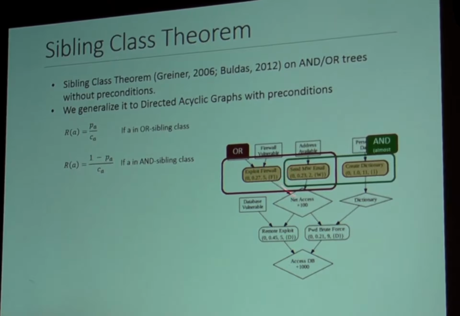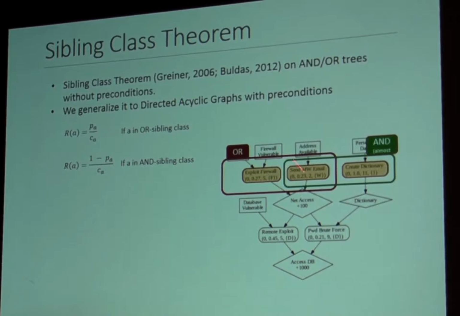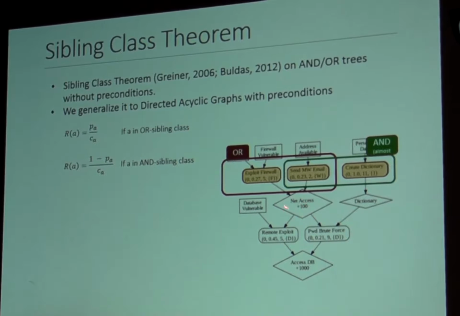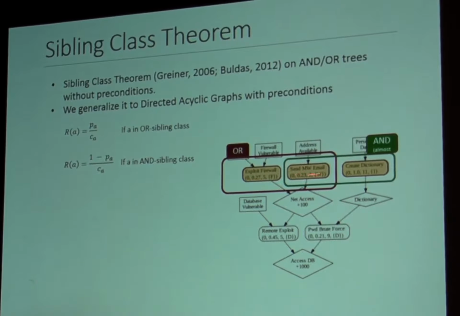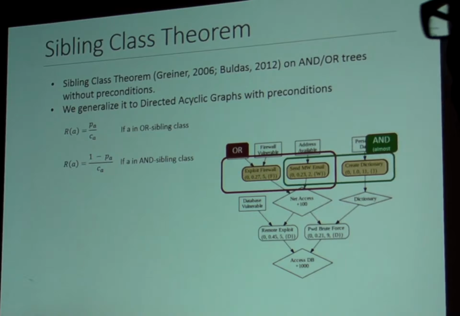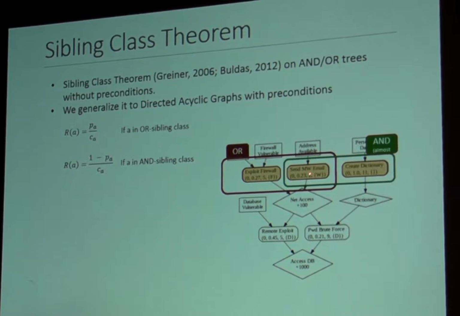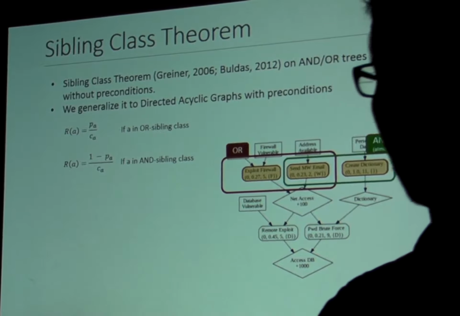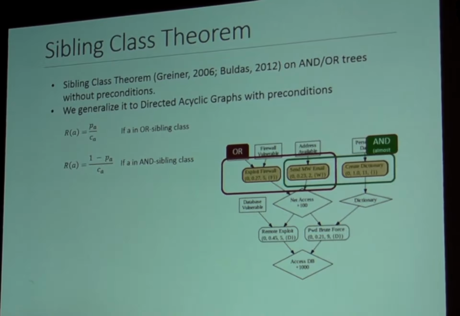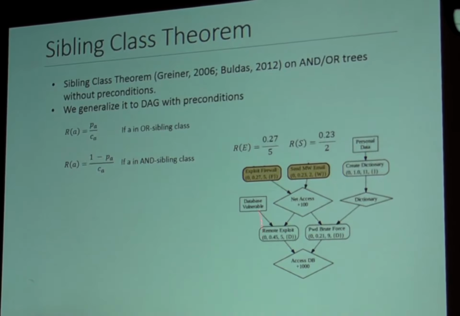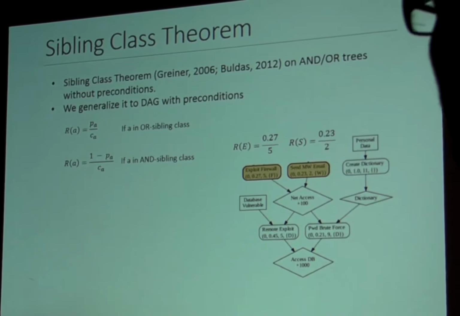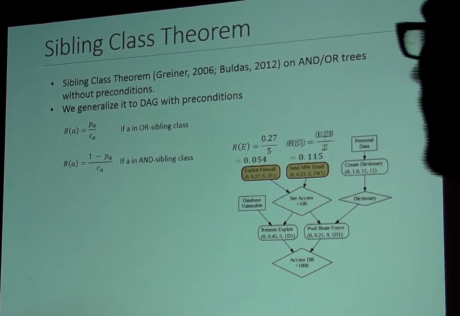If two actions have the same effect and they are in an OR relationship, meaning that if the attacker performs this action, it activates this fact, so he will not perform the other action because there is no reason why he would. And vice versa, if he performs this action, he will not do this action. Therefore, these two actions are in an OR relationship, and what we can do is take their probability to cost ratio and compute this ratio value.